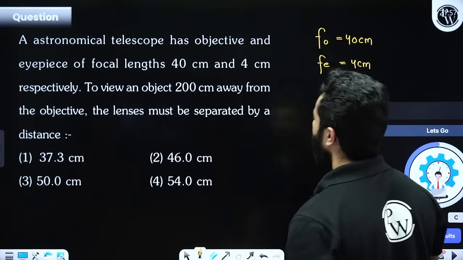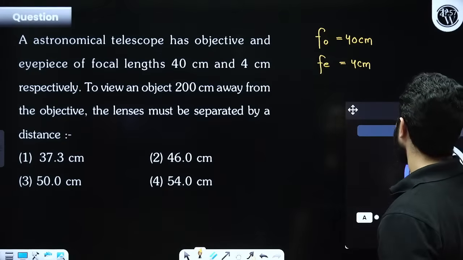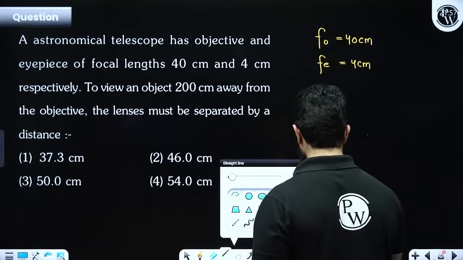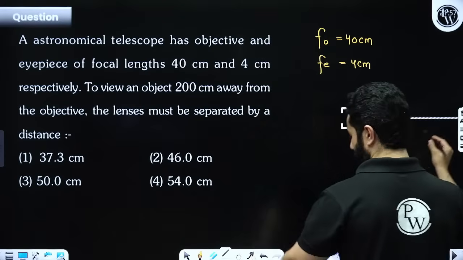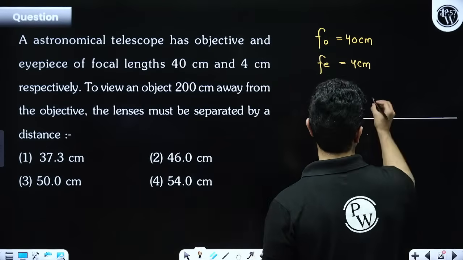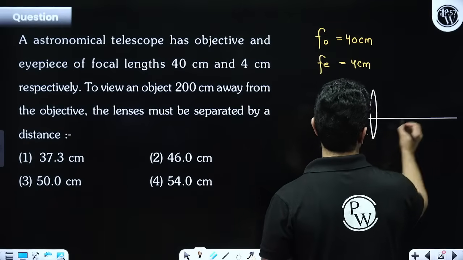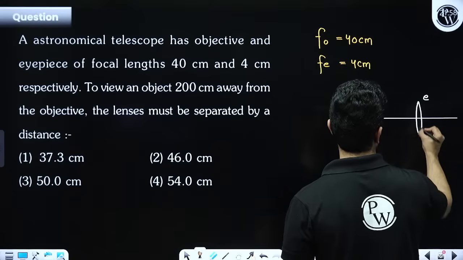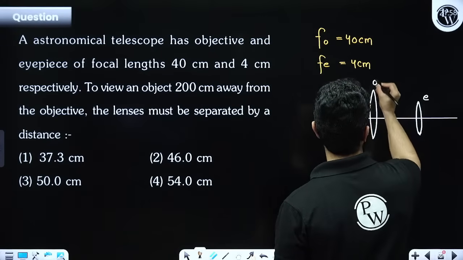And then they are saying to view an object 200 centimeter away from the objective. So kindly see what they are trying to say. They are basically saying that we have an objective focal length over here, and let's suppose you have an eyepiece at this point and an objective at this point.